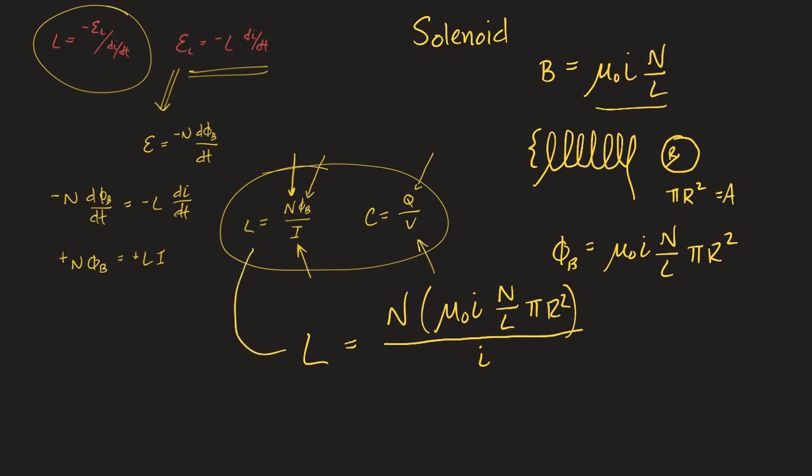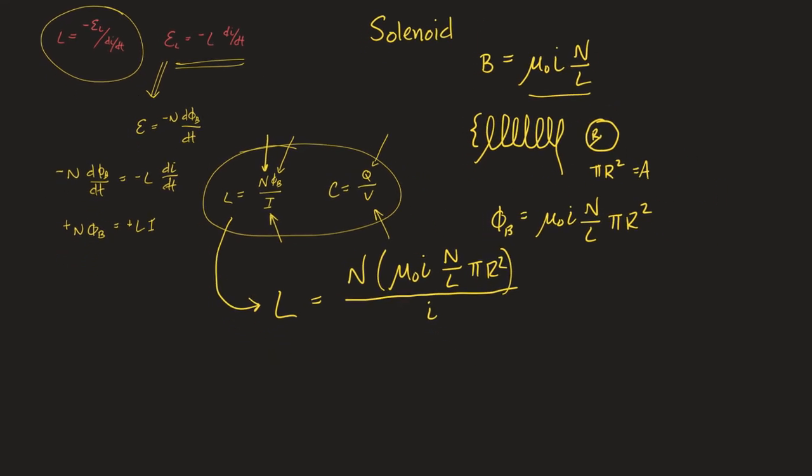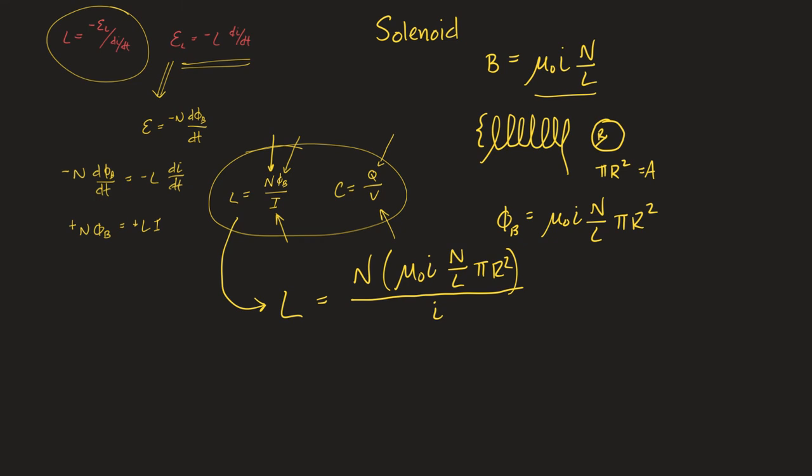Just taking this equation, putting it there. So I think you guys see what's going to happen next here. I'm going to combine like terms and cancel things out that can cancel. And I get n squared mu naught pi r squared over L.